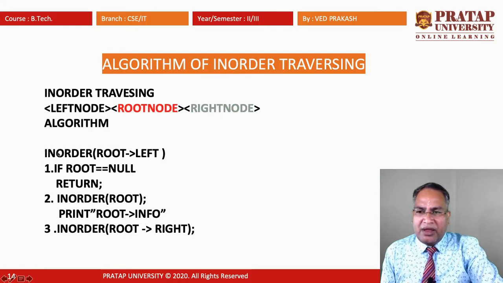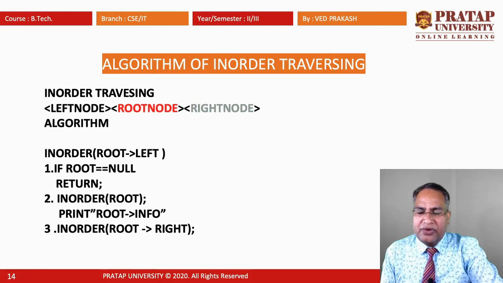So first we make an in-order procedure and we pass root left, because here we always have to go to the leftmost side and process the root's left-side nodes first.